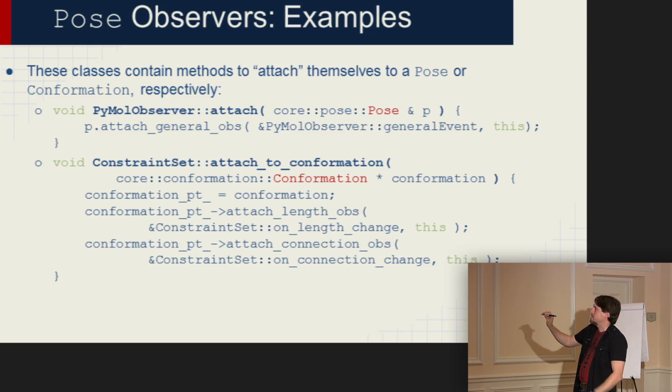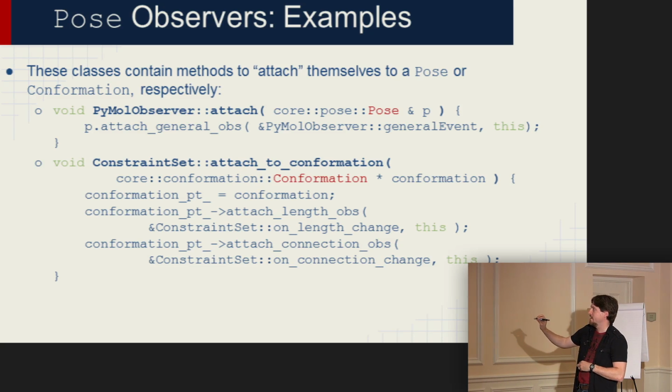And what you're passing it are two things. This is kind of strange, we haven't seen this yet, but this is a reference to the function general event. So this is a function pointer that you're setting up here. Then the second thing you pass it is yourself. In this case, this is a pointer to the particular instance of the Primal observer that is being attached. So they both look like that.